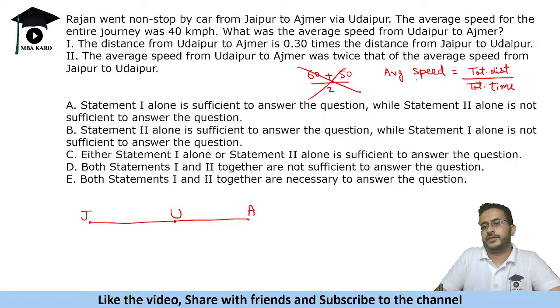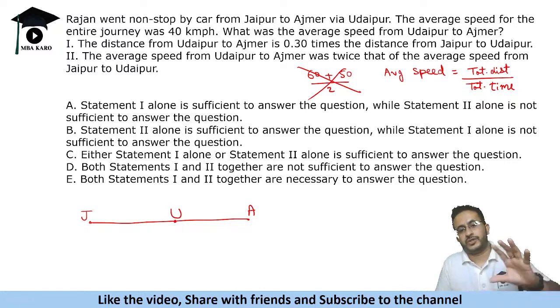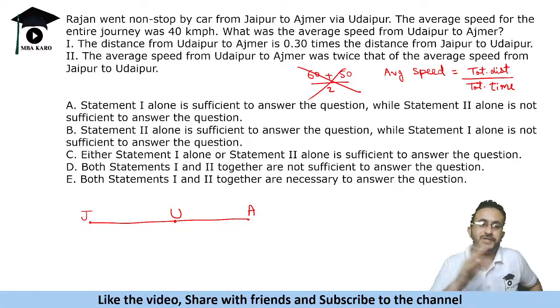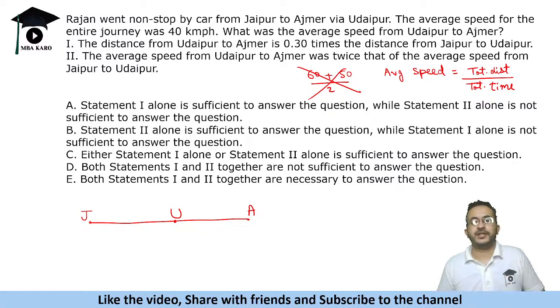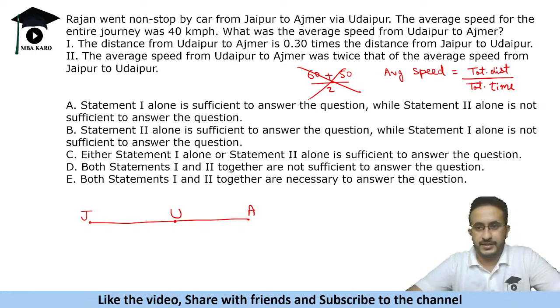So we cannot find average speed by taking the average of the two values. This is a very important thing. That is why I told you in the beginning itself that for data sufficiency you need to first know the different concepts. You should know time speed distance, time and work, numbers and algebra etc. So let's try this.